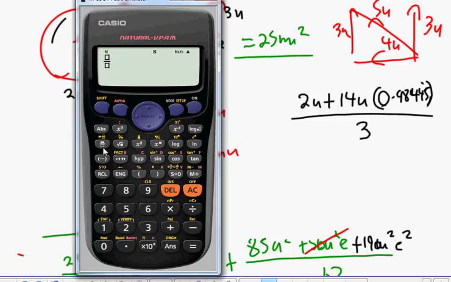And I'm going to do it like this. 2 plus 14 times 0.48445. Oh wait. Keep an eye on me here. It's very easy to make a mistake.